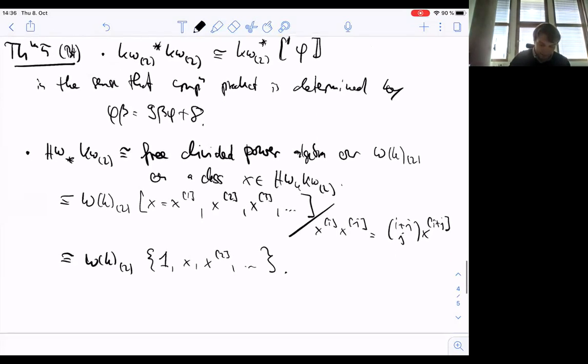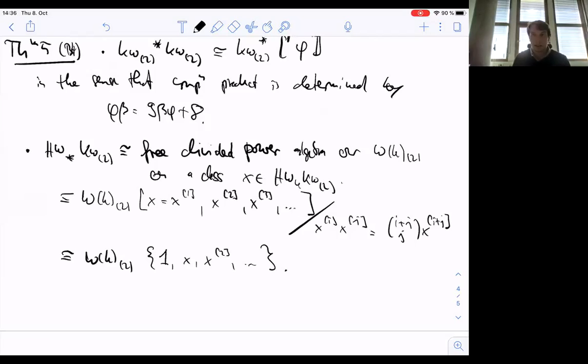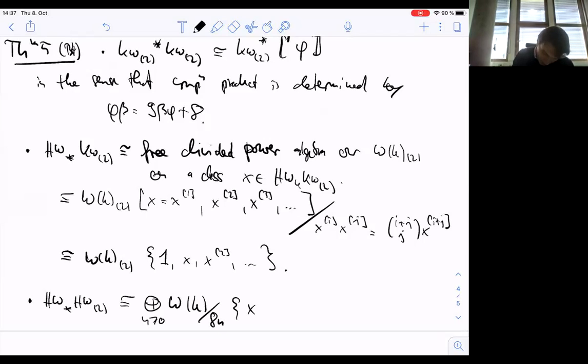Okay. And then maybe for a final computational thing, we can work out the co-operations of HW, at least additively. Of course, this is some Hopf algebroid or Hopf algebra, I don't know, so there's more to be known, but additively, I can tell you that it's the sum of Witt rings modulo 8n on these generators.